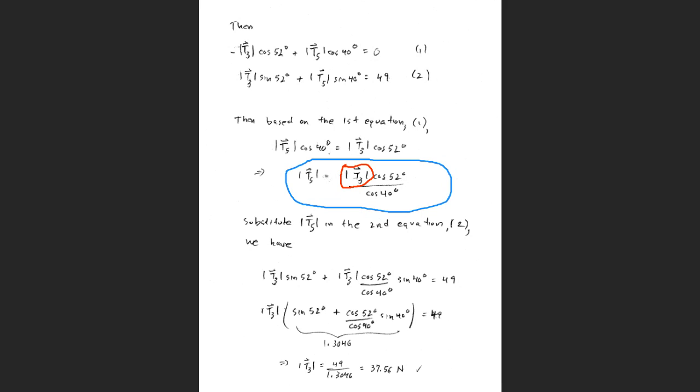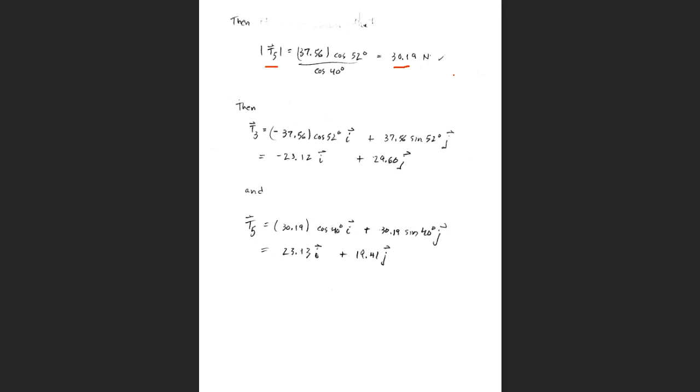Okay, so now we're going to take this length of T3, 37.56 newtons, and here we go substituting it in that other equation, and so the length of T5 is 30.19 newtons.